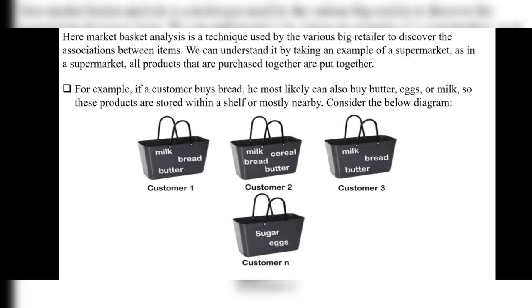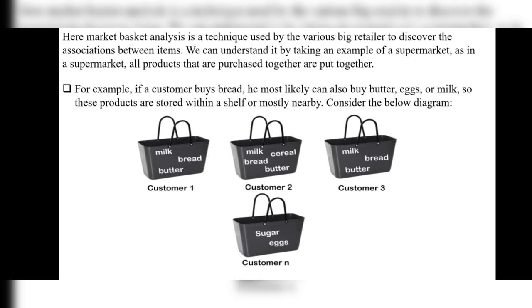So these products are stored within a shelf or nearby. Why? Because these are all dairy products, right? Dairy products have a relationship with one another. If they buy milk, they also buy bread. If they buy bread, they will also buy butter. So this is the relationship between one data item and another.